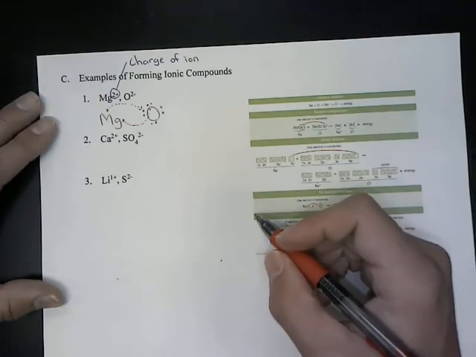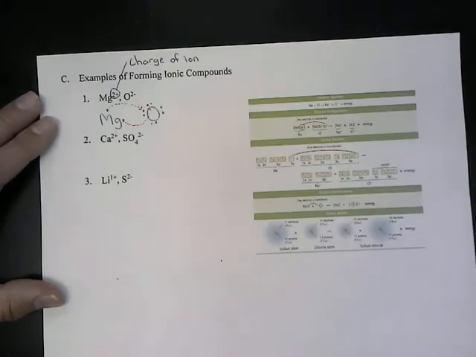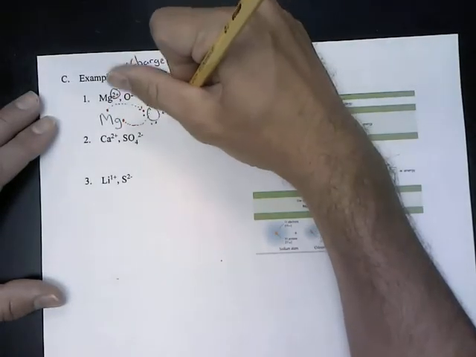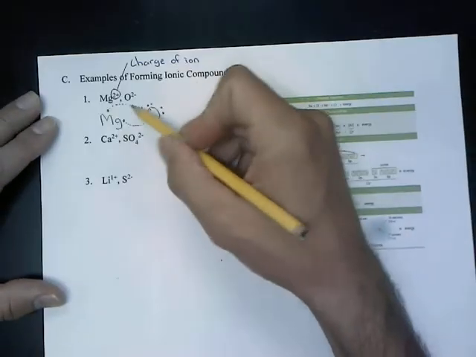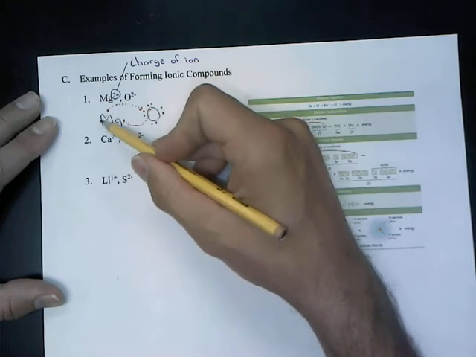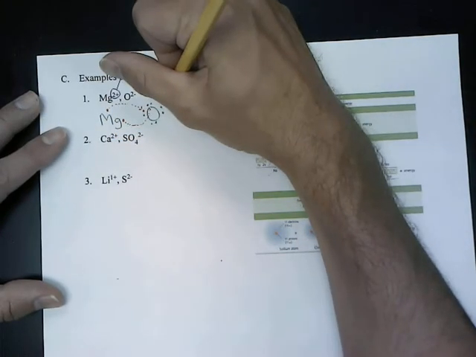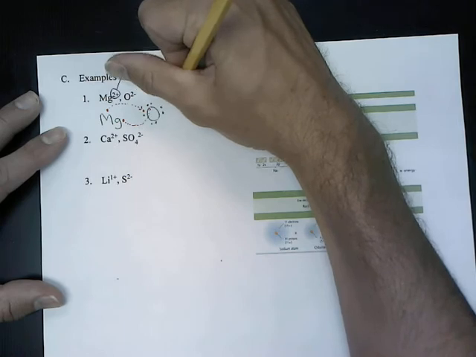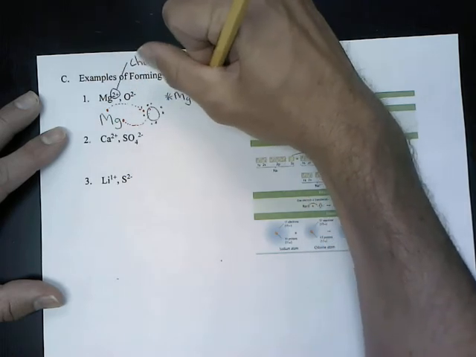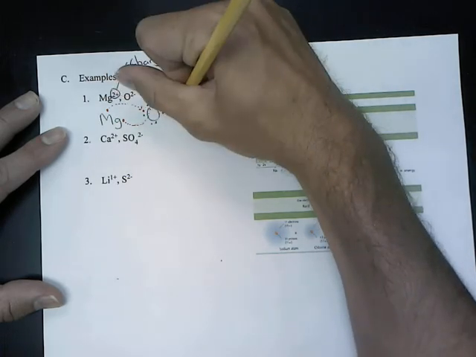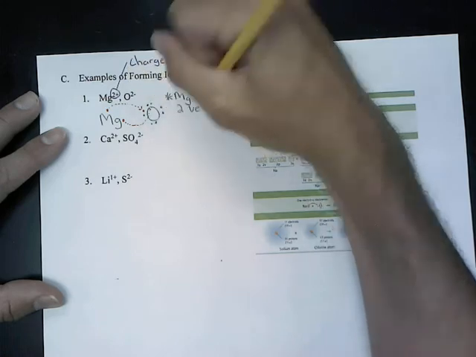What we get when the compound forms is Mg, which lost 2 valence electrons. I'm going to write this down in pencil: Mg loses 2 valence electrons.